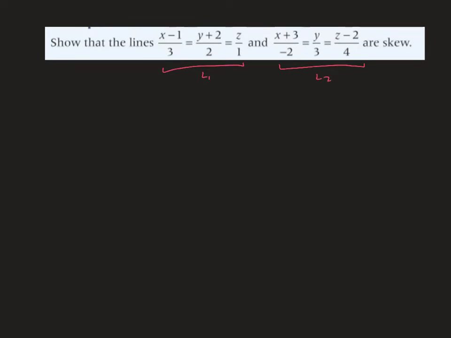So line 1 should be R1 equals A plus t d, while L2 is going to be R2 equals B plus lambda d.